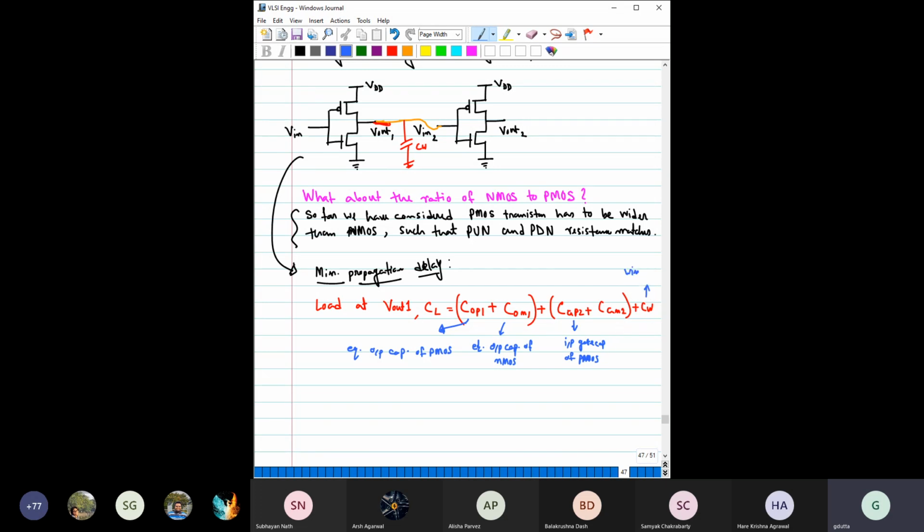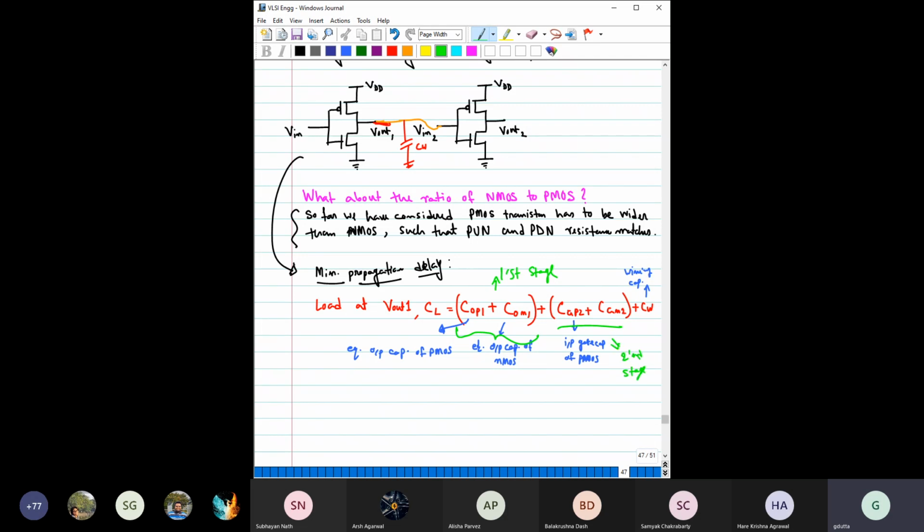This is the wiring capacitance. Clearly, this part is from the first stage, and this part is from the second stage.